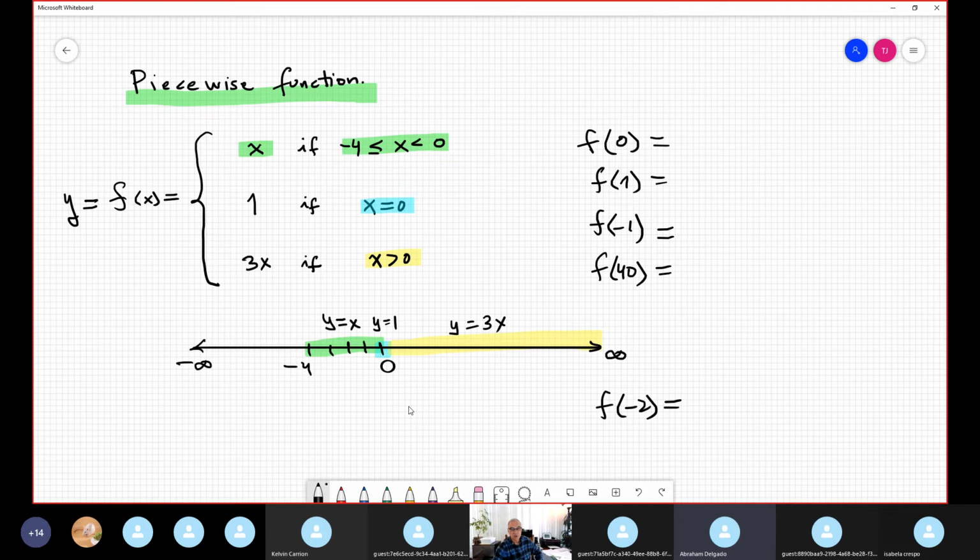So what is the process? The process is you see what is the value that you need to evaluate. For example, let me select orange color. You plug in, in your mind, this value 0. So 0 belongs to which interval?